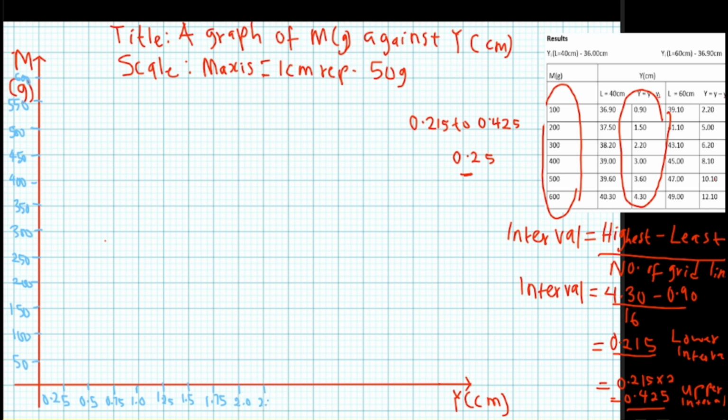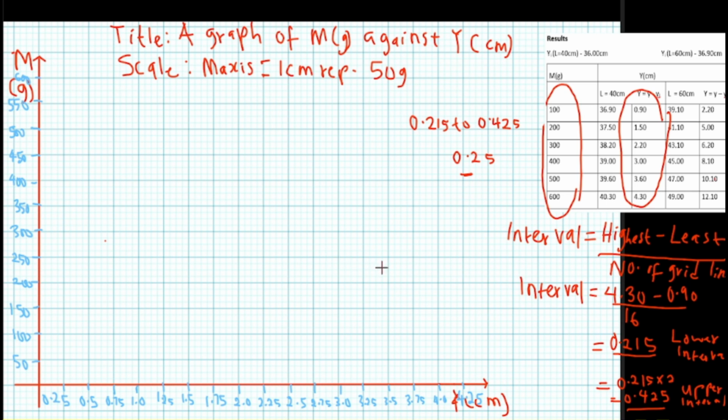We have 2.25. Remember, you keep on adding 0.25. Here you have 2.5. Here you have 2.75. Here you have 3.0. Here you have 3.25. And this is going to be 3.5. This is going to be 3.75. And then this is going to be 4.0.